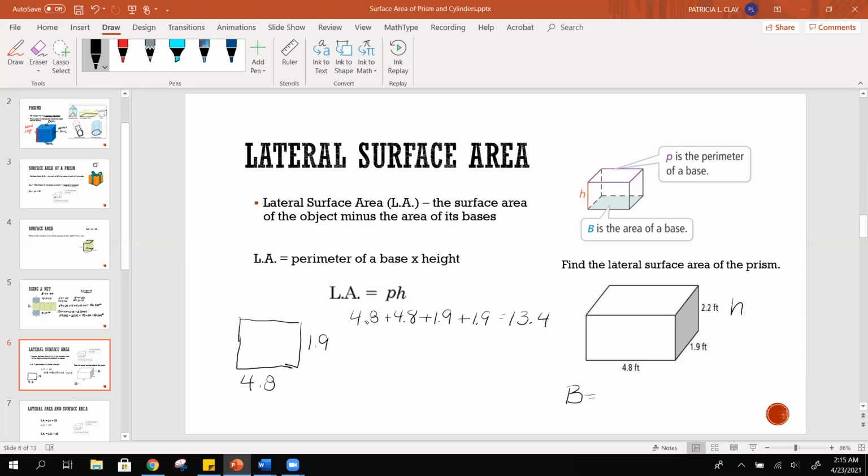The next step said to multiply by the height. So 13.4 times 2.2 is 29.5, and this is going to be feet squared.